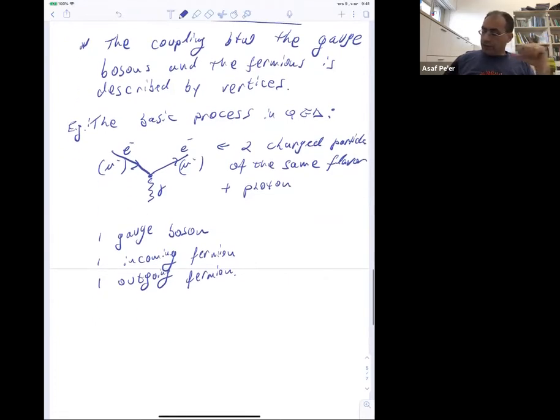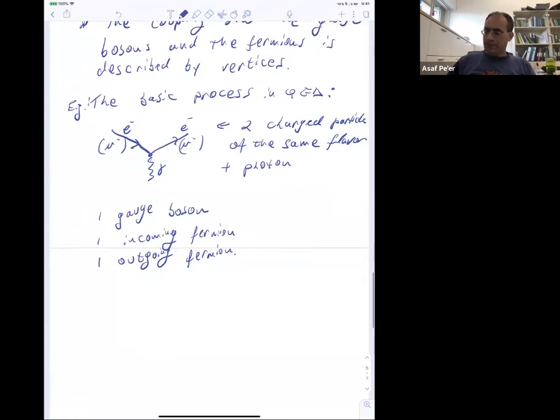But not all the fermions can couple to all the bosons, right? Because a fermion can couple to the gauge boson only if it carries the charge of the interaction. So for example, leptons, which do not carry the strong force, cannot couple to the gluon because they don't carry the strong charge. I should write it down.